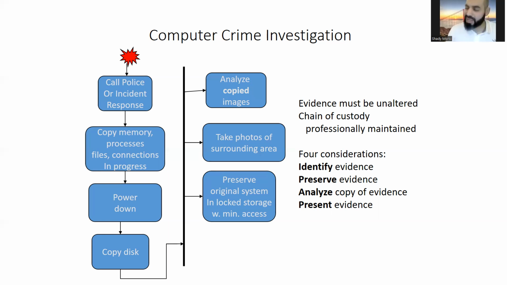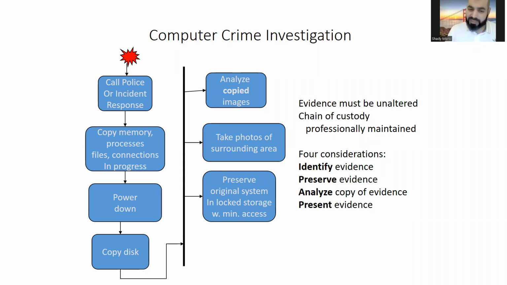At that time, I can switch off this computer, especially if I'm not going to do incident response, because I don't need any information from it anymore. Then I will put it in a plastic bag or a proper bag to protect the computer from damage, and then I will send it to the court.